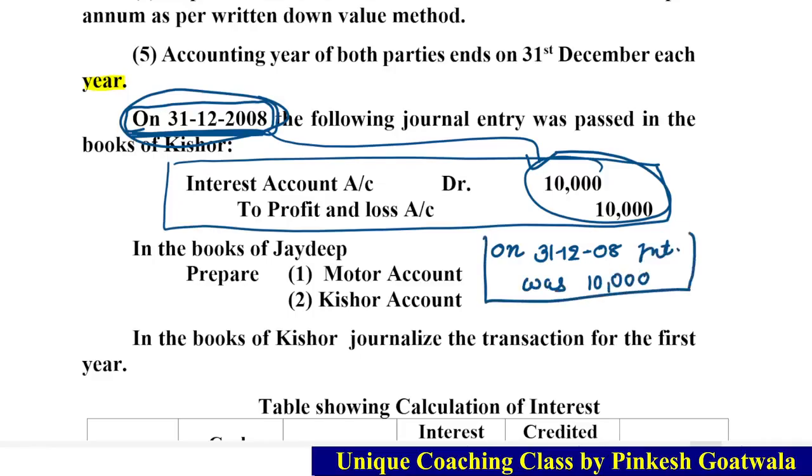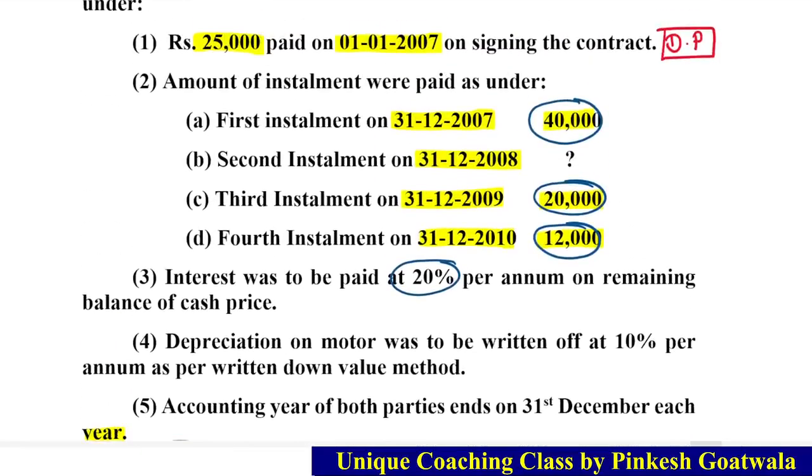Look here, 31st December 2008. We don't have an installment for this date, but we come to know that on this date interest was 10,000.